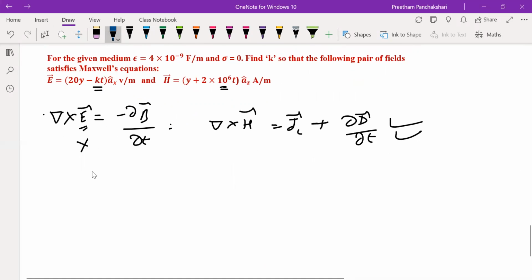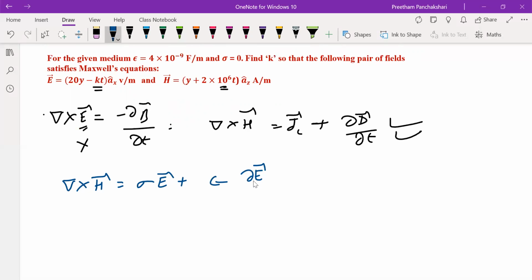So let us go with del cross H. J means sigma E. D means epsilon E is the correct thing. Now look at this one, sigma 0. So that's why this term is not there. And this is epsilon. So curl means, we know the curl as usual. Curl can be solved using determinant method.